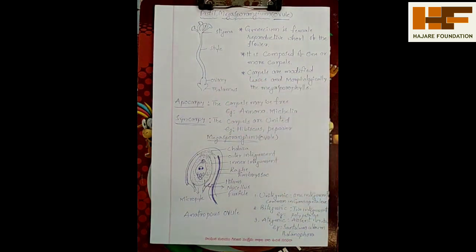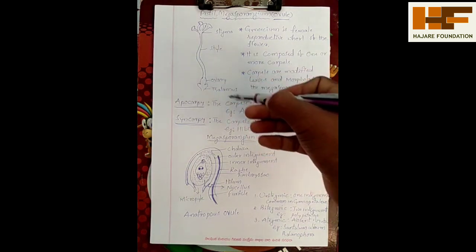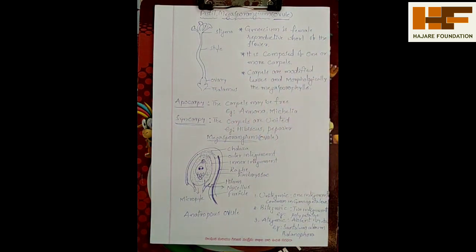If we observe the ovules, they are attached to the ovary by a part called the placenta. After fertilization, the ovary is converted into the fruit and the ovules are converted into the seeds.